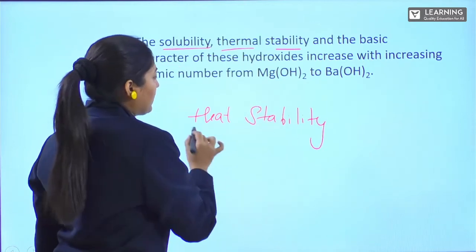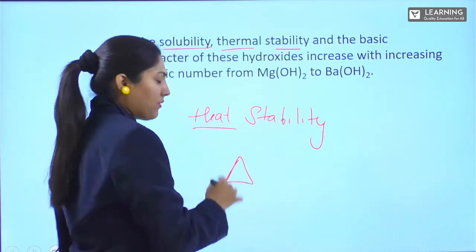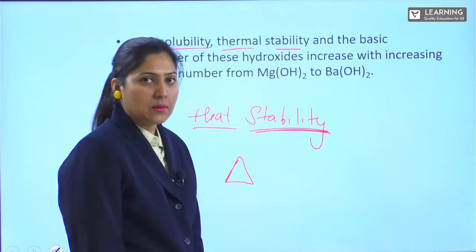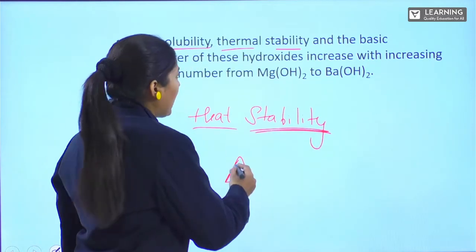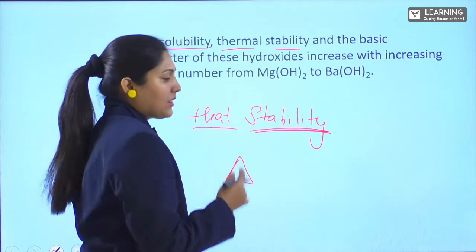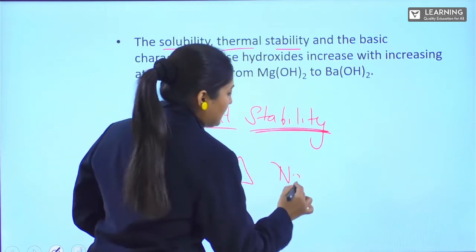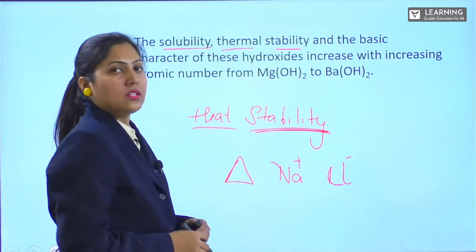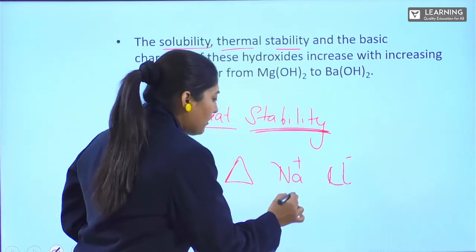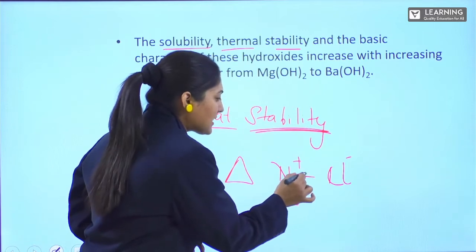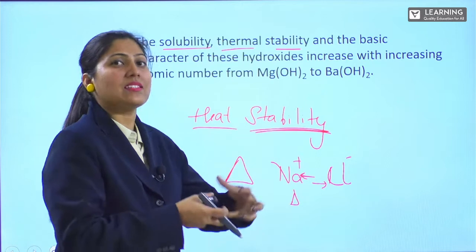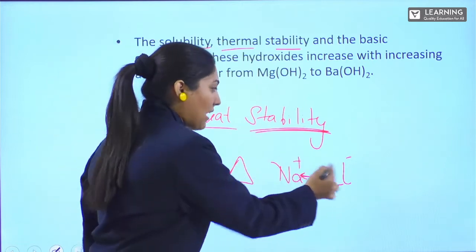If we speak about thermal stability, that means even though I am giving the heat energy, it will not lose its stability. So if you take ionic substances, they are positive and negative. For example, I'll just take Na+ and Cl-. As we know, it is a very strong ionic substance. So if you give heat energy, they will not easily separate. They require more heat energy to get separated because they have a bond.